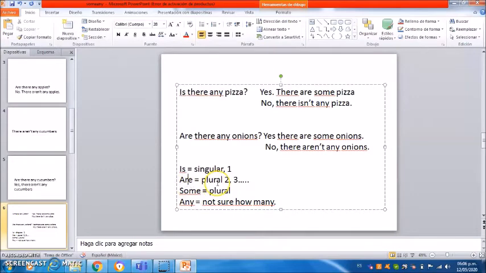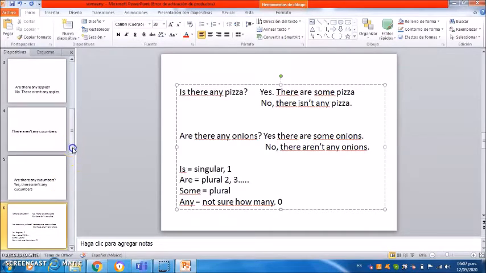Are, we're going to use it for the plurals, 2, 3, 4, 5, 6, or 7. So when we are using some, it's because it's a plural. And if we are using any, it's because we are not sure how many we have, or we have 0. We don't have it.